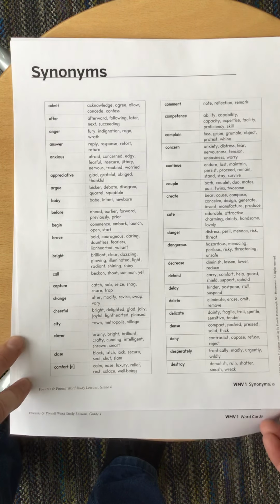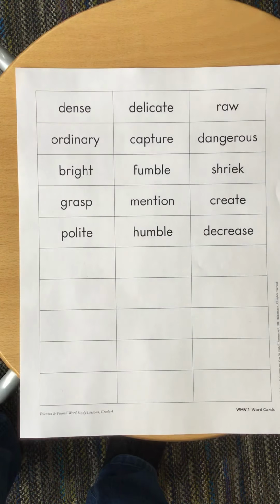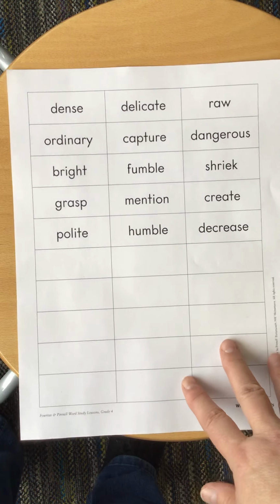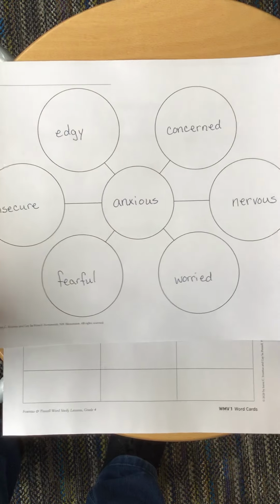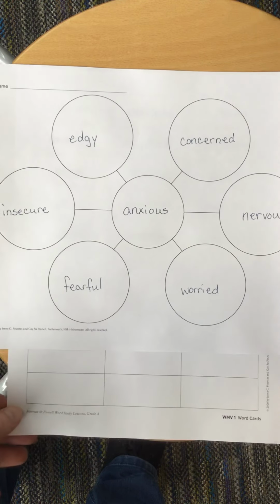So you'll be able to use this to help you. What I want you to do is choose 3 of the words on this page and make a word map. It's kind of like a graphic organizer of synonyms.